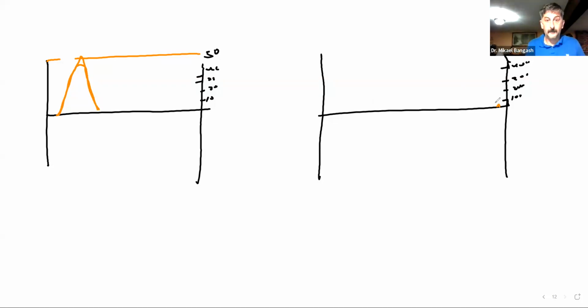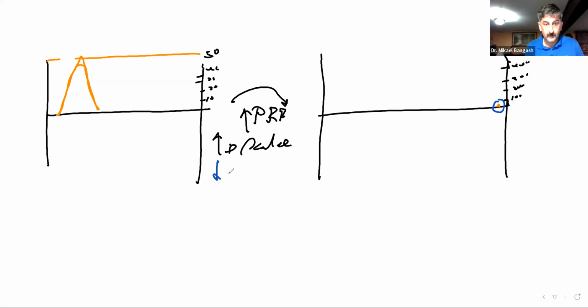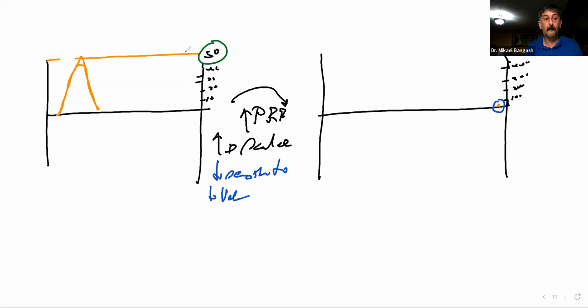Because by increasing PRF, which means increasing the scale, we mean that it becomes less sensitive to low velocities.